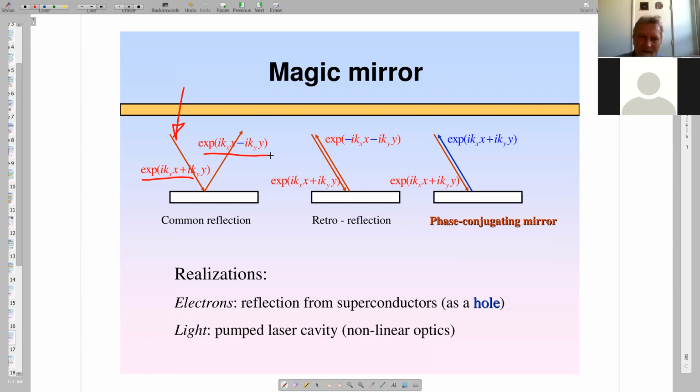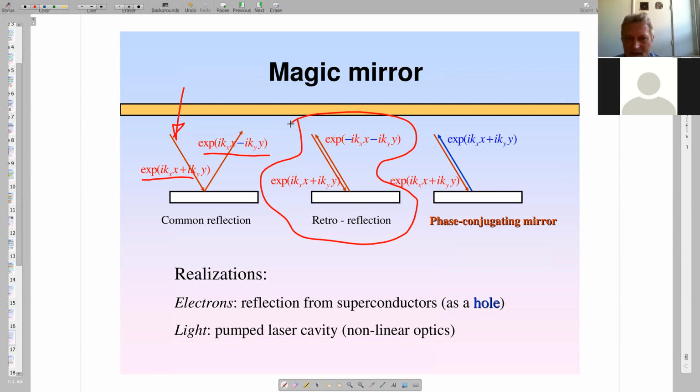One can arrange the surface in such a way that it's a retroreflection. In this case, the reflected wave goes in precisely the opposite direction. Okay, with some technical accuracy, it goes in the opposite direction: retroreflection.